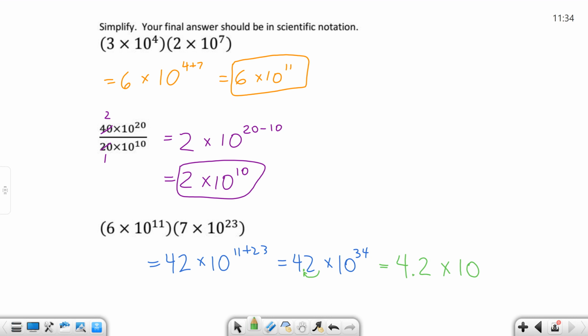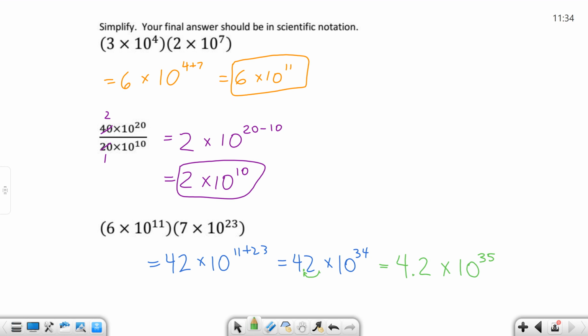Now don't just guess and go, I have a 50-50 chance. Think about what's going on here. If I multiply this times this, and it's got to be the same thing as this times this, then what happened here? 42 got smaller to be 4.2, right? 42 got smaller, so that means this right here has to get bigger. So then this is going to be 10 to the 35th.